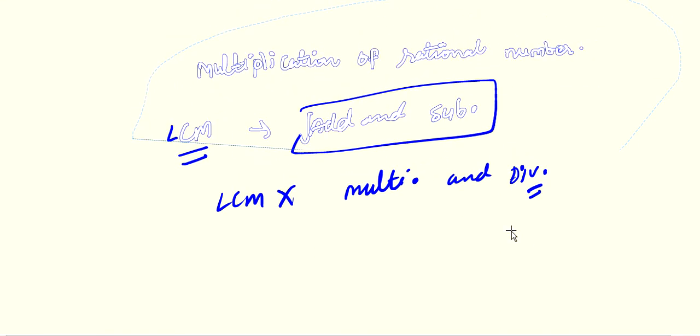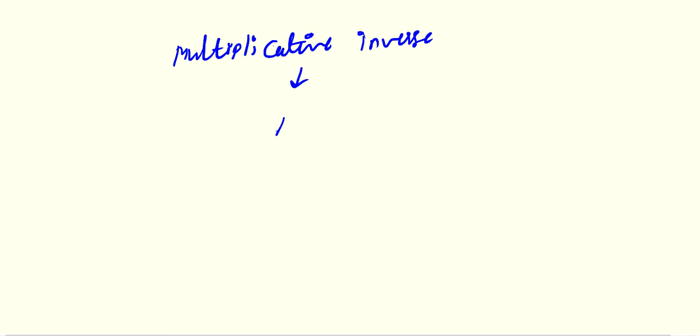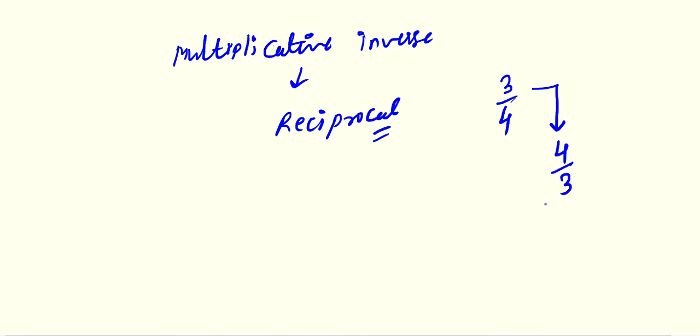Now multiplication is easy because you have already studied it. So next, what is the multiplicative inverse? Multiplicative inverse means reciprocal. Now what is a reciprocal? For example, if you have 3 by 4, the multiplicative inverse of 3 by 4 will be 4 by 3.